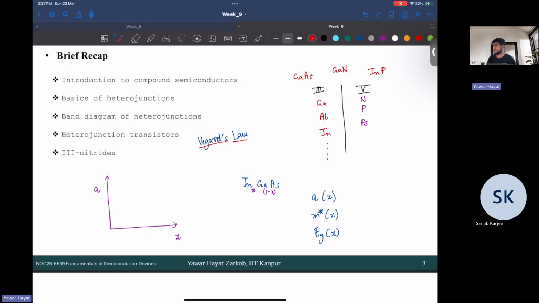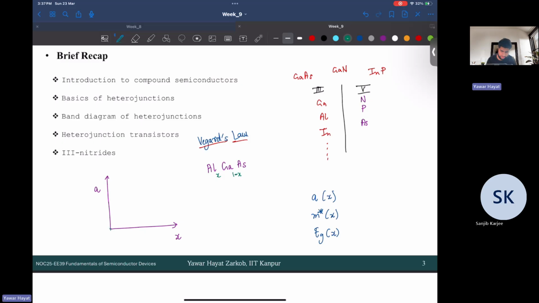right? Suppose you have the following. Suppose you have aluminium gallium arsenide, right? As I said, this would be x and this would be 1 minus x.